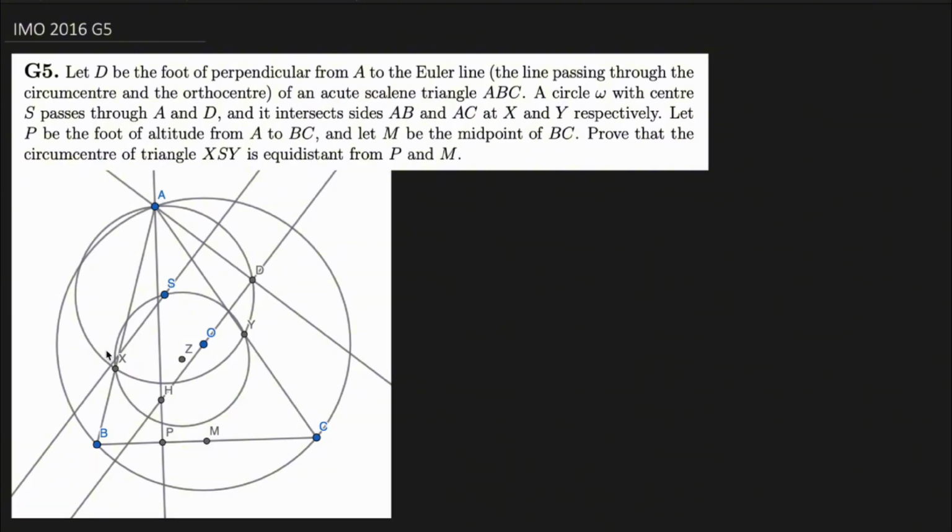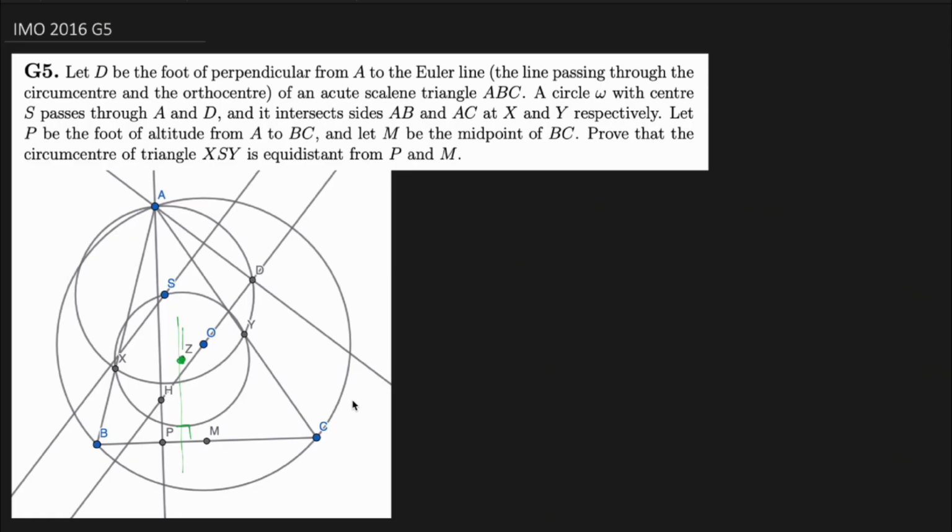After triangle ABC is fixed, we actually also have a bit of freedom with the point S, because it can be anywhere on this line, which is the perpendicular bisector of AD. And then we eventually want to prove that the point Z lies on the perpendicular bisector of PM.